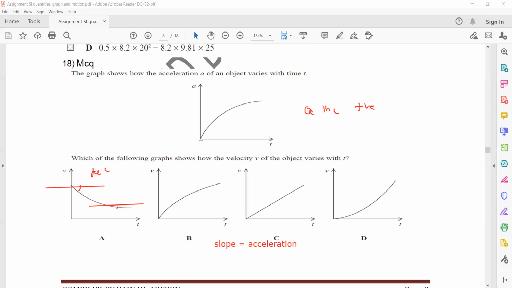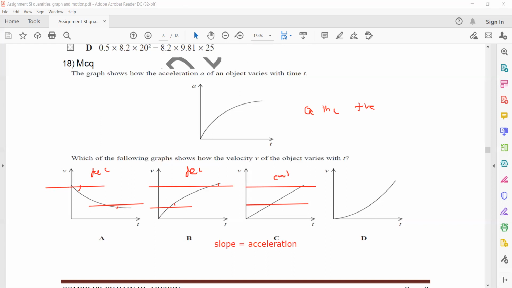When you draw the horizontal line, check the angles. So you can clearly work out here the slope is decreasing as well. When you draw the horizontal line here, the angle is the same. So it means the slope is constant.